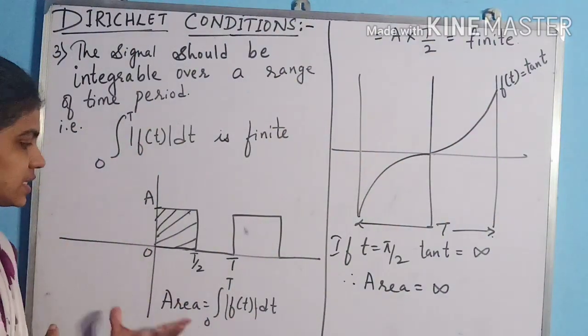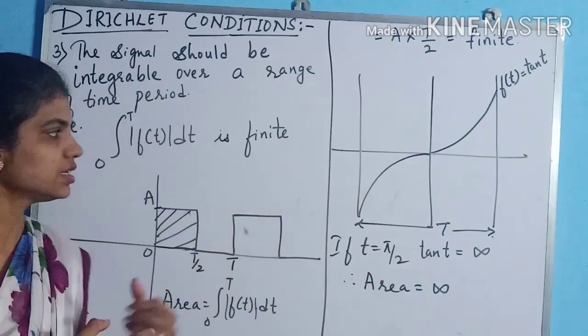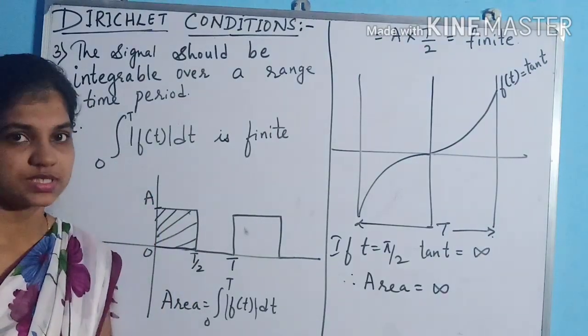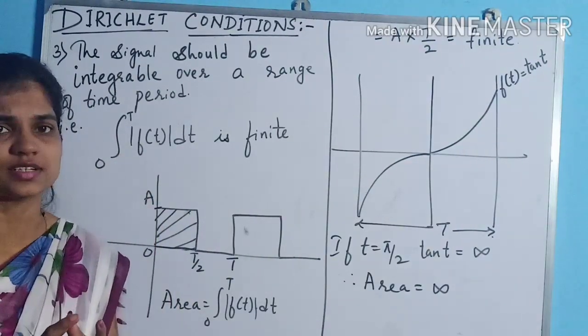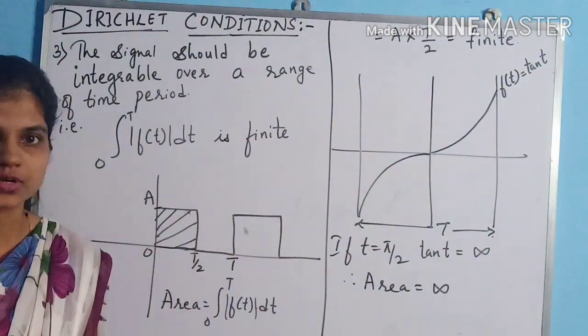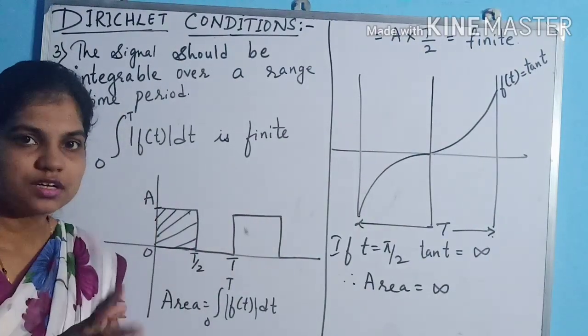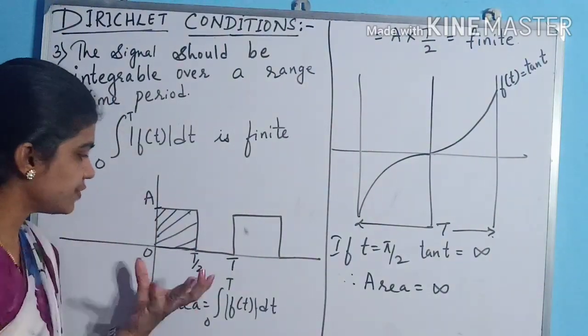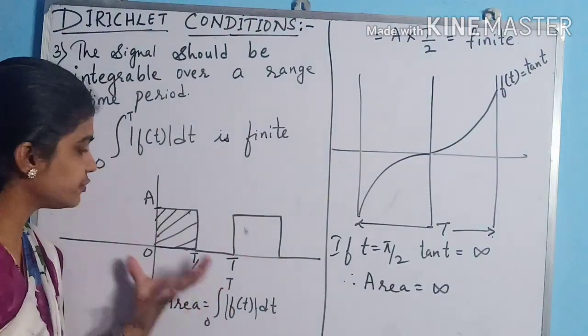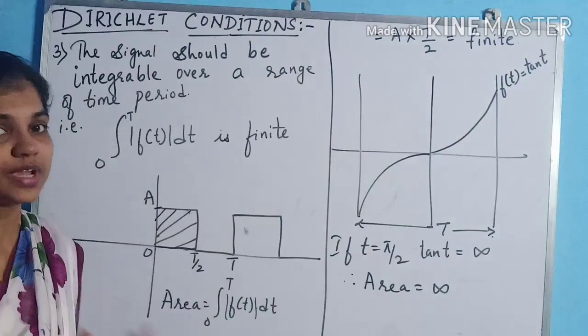Let's see the diagrams and try to understand what the last condition means. It's a weak Dirichlet's condition, but still we need to understand this. Now again I have a rectangular waveform, and I have to find the area and say that this area is finite.